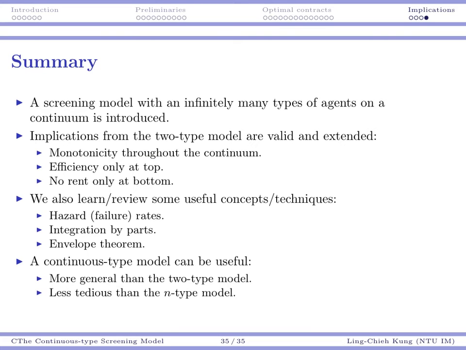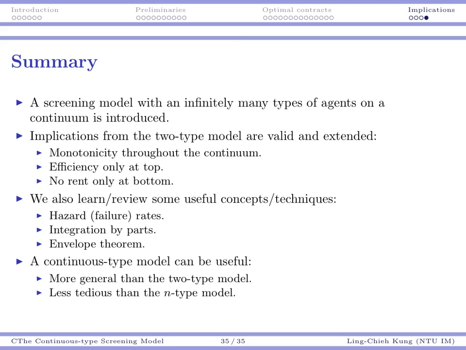Now it's increasing throughout the interval. In the past, we had efficiency at top. Now we have efficiency only at top. We know that the top type is still efficient, and for all the others, it's inefficient. In the past, we had no rent at bottom. Now we have no rent only at bottom. Okay, some new findings are added.